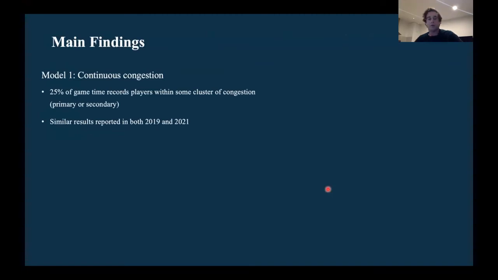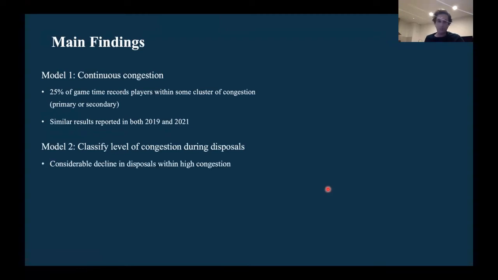So the main findings from the two modelling approaches we undertook: the continuous model determined that at least 25% of game time records players within some form of congestion, either primary or secondary, and that didn't really change across the two seasons. When we looked at the classification model, we could see a considerable decline in disposals within high congestion across the two seasons.